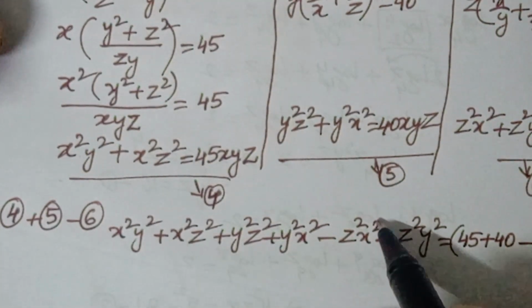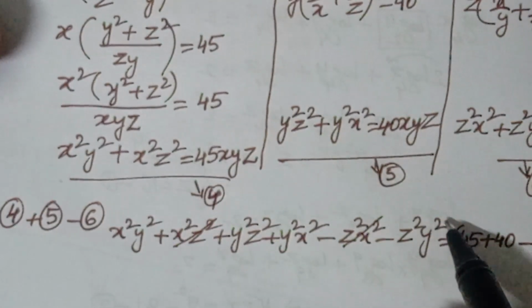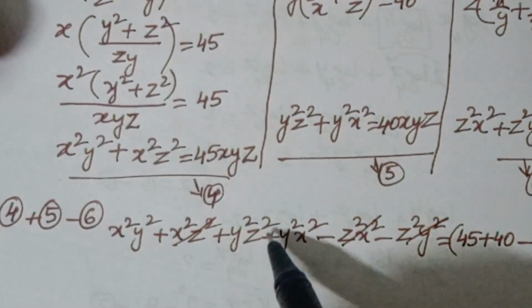So z square x square cancel, z square y square cancel.